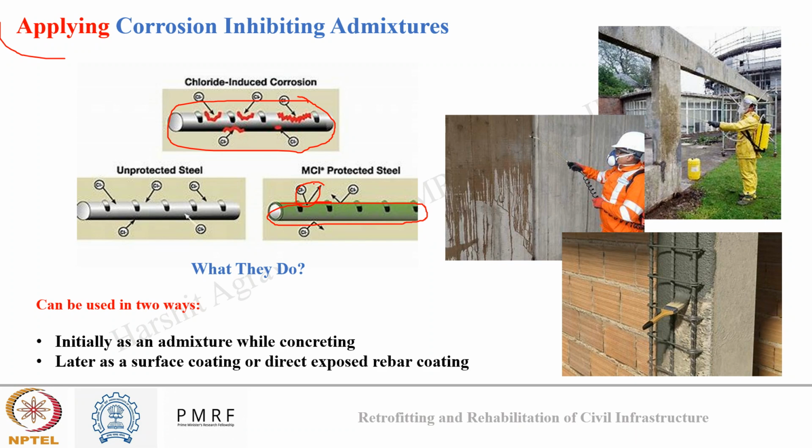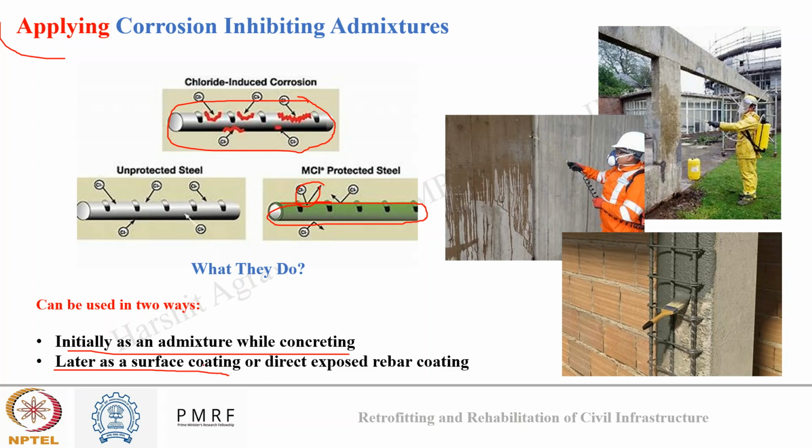Now, based on their capacity, inhibitors can be classified into two types. Either they can diffuse into the concrete or they can be directly applied to the steel. If my inhibitor has the ability to diffuse into the concrete, I can use it as an admixture while concreting, and it will diffuse in the concrete till the steel and protect the film. Or we can apply it as a surface coating also.